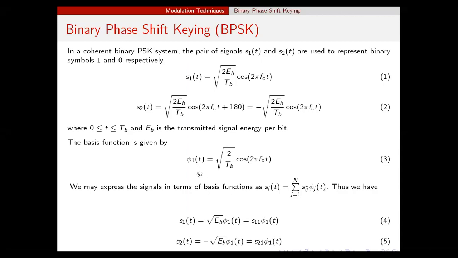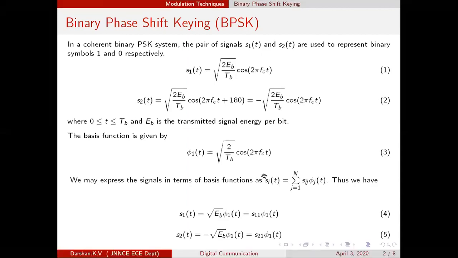Here we are having only one basis function. So in the summation, it will range from 1 to 1. Therefore you are having only one term. So S1 of t could be written like this: root Eb into phi 1 of t.